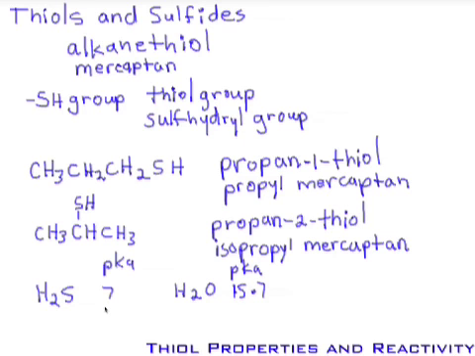So H2S, which is sometimes referred to as sour gas, is much more acidic. Because of this, thiols, which have pKa somewhere around 8, are also more acidic than water or alcohols. So they have a tendency to lose their H more easily and become sulfides, S- groups.